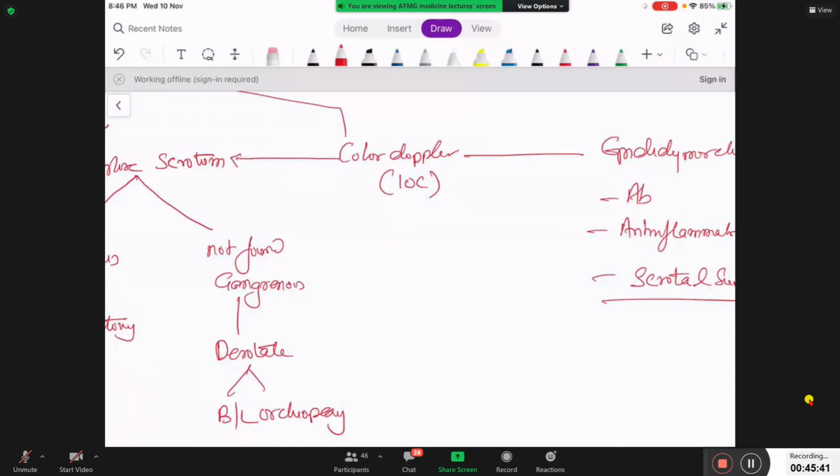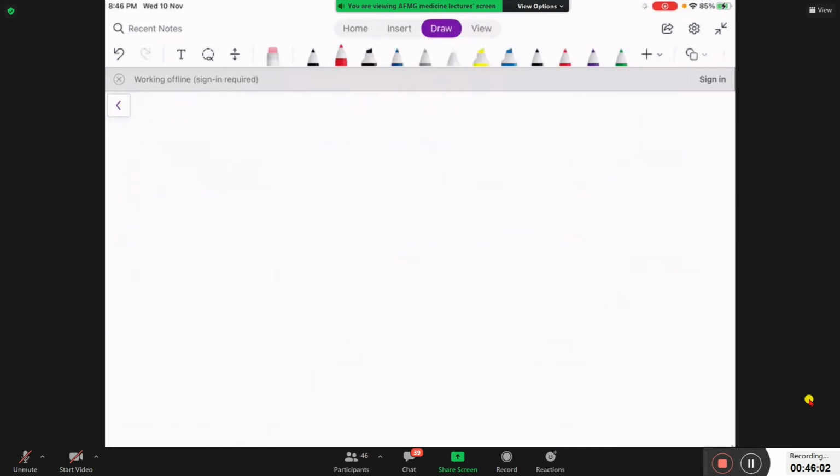So the direction of rotation of the testis in testicular torsion is: right testis anti-clockwise, left testis clockwise. Right?